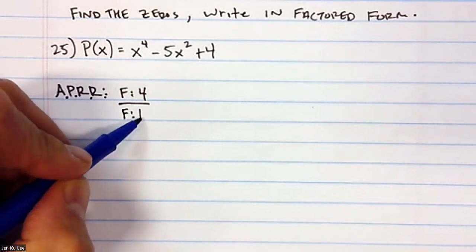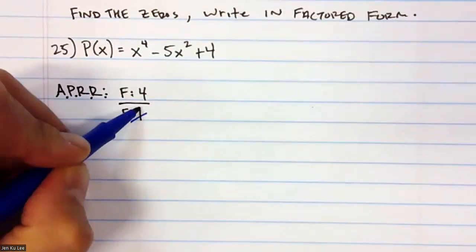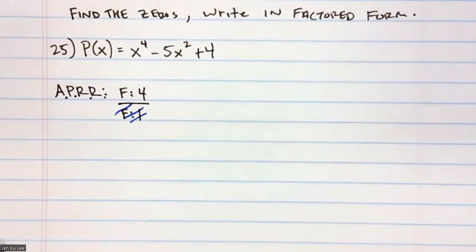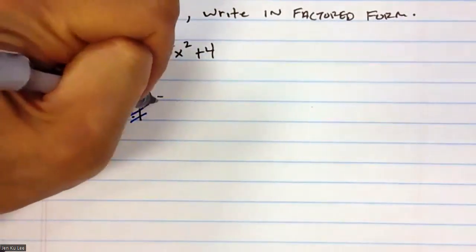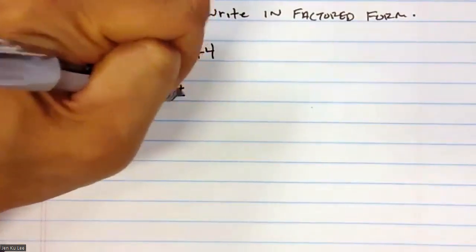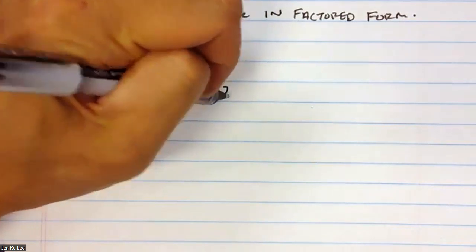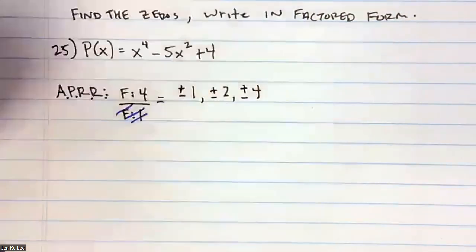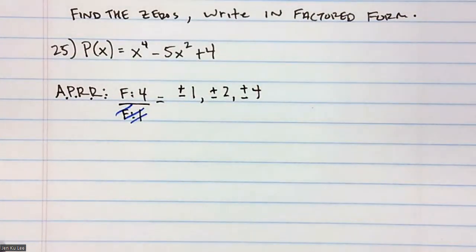Whenever your leading coefficient is 1, you just kind of switch it away. So my possible rational root list is going to be plus or minus 1, plus or minus 2, and plus or minus 4, because those are all the factors of 4. 1 times 4 and 2 times 2.